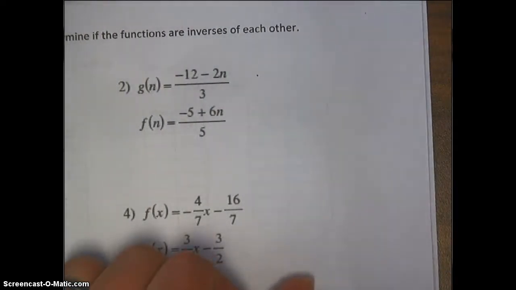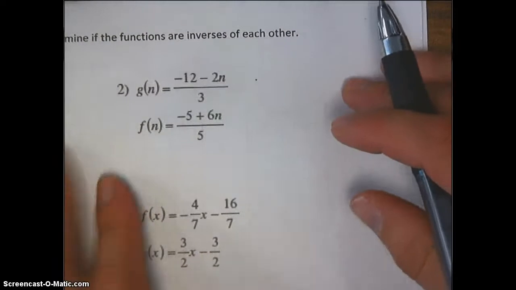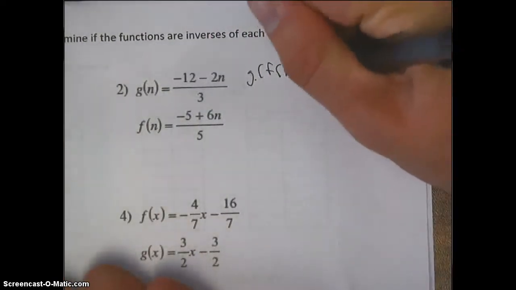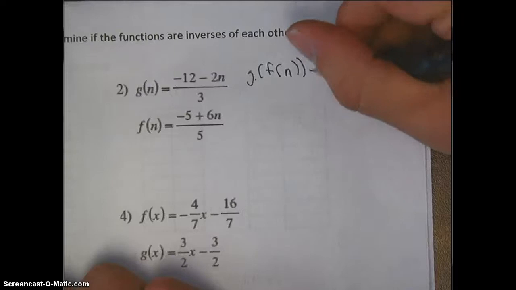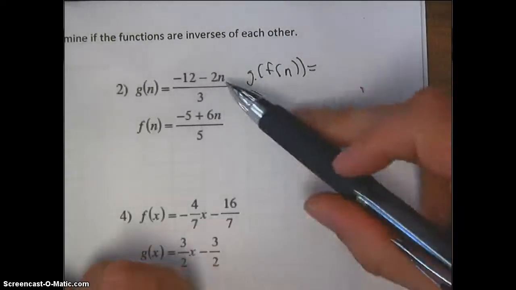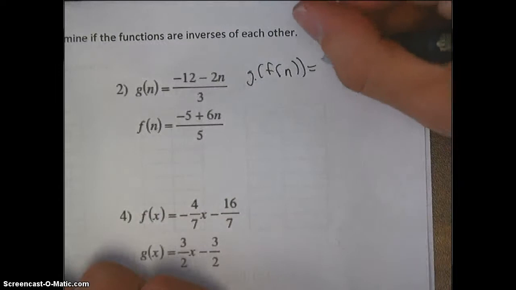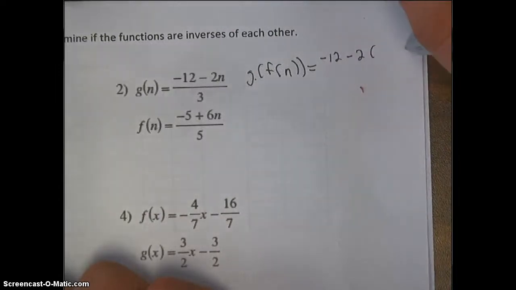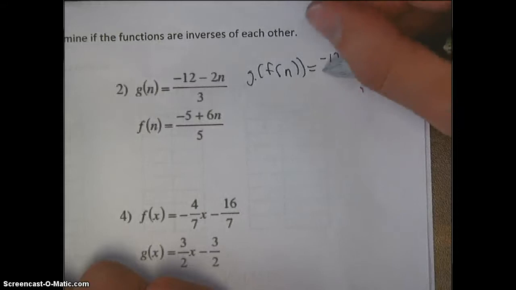It doesn't really matter which one you pick. Let's just pick g of f of n. And so I'm going to write everything in g except for the n. And where there's an n, just write some parentheses. Negative 12 minus 2 parentheses, because that's where the n was, all over 3.